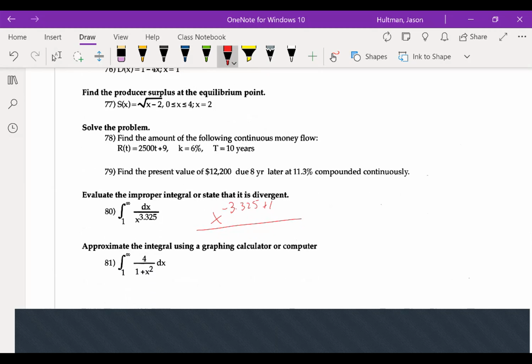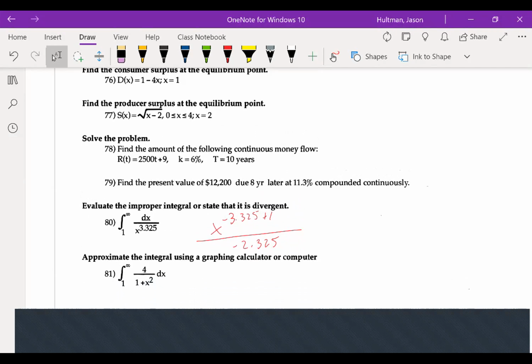Divide by negative 2.325, right? Then we're going to say that this goes from 1 to b, but we're going to take the limit as b goes to infinity of this thing.